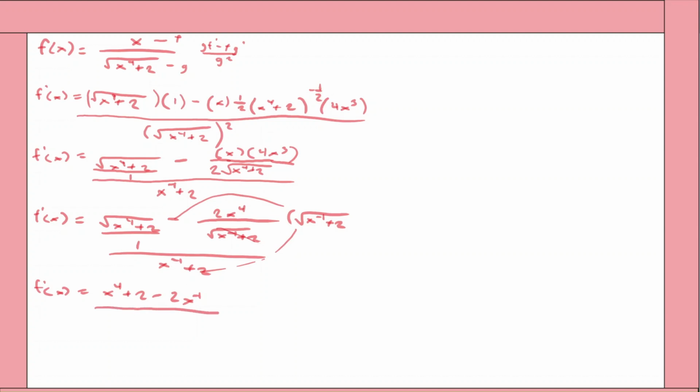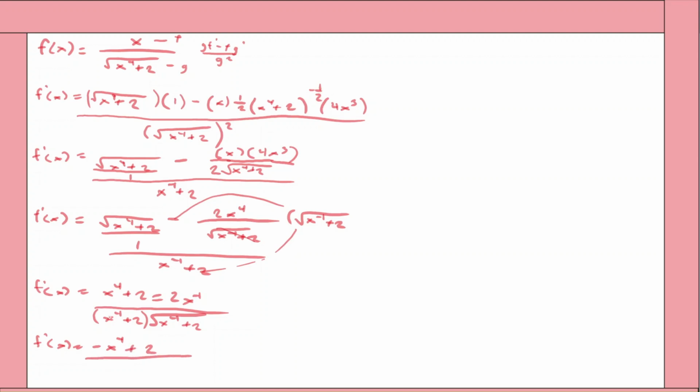And then this one turns into x to the 4th plus 2 multiplied, and remember this is kind of one term, by the root of x to the 4th plus 2. Now we've almost finished. We just have to simplify some terms. So x to the 4th minus 2x to the 4th is just going to be a negative x to the 4th, because there is this negative sign here. So it turns into a negative x to the 4th. And this is still going to be a plus 2.